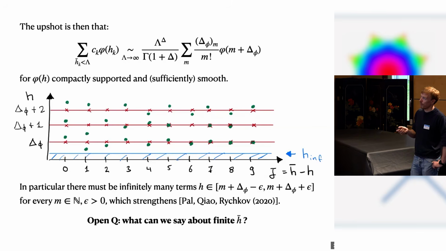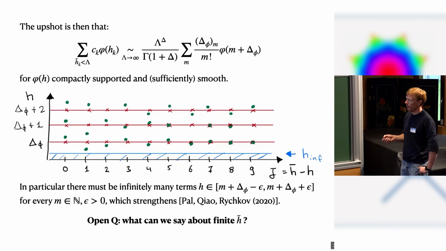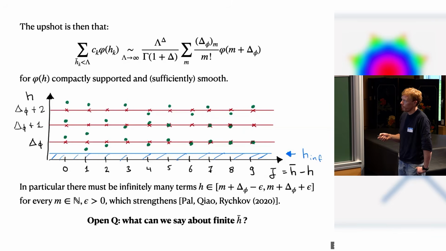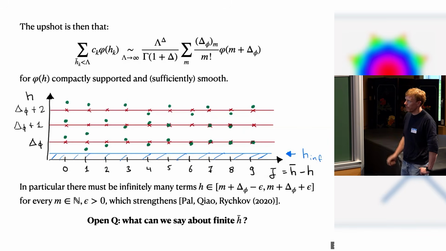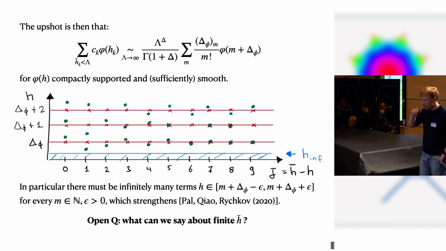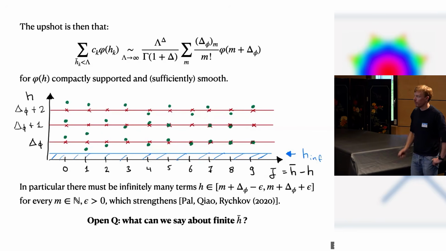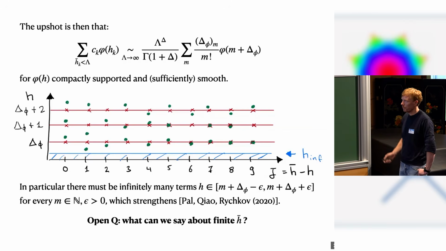So there must be infinitely many terms that are supported around delta phi plus 3. And that's what this statement is: there must be infinitely many terms around delta phi plus m for any non-negative integer m, and for any epsilon greater than 0. Which strengthens an older result by these three people who found the same result, but for m equals 0 only.